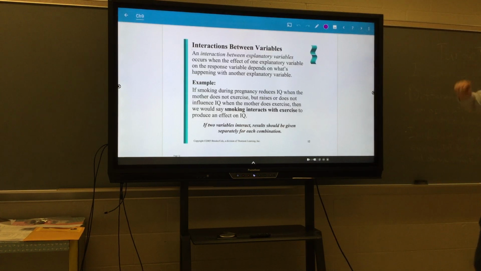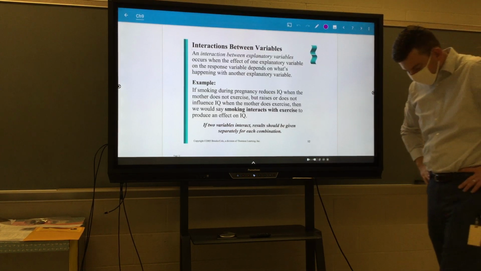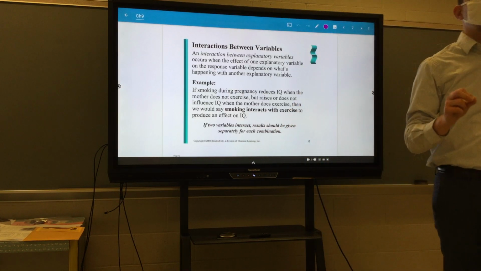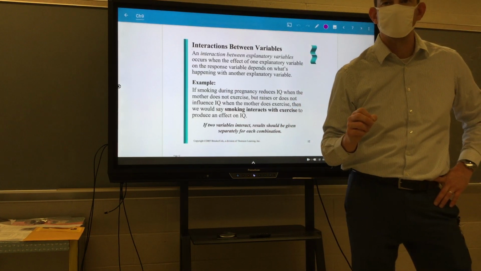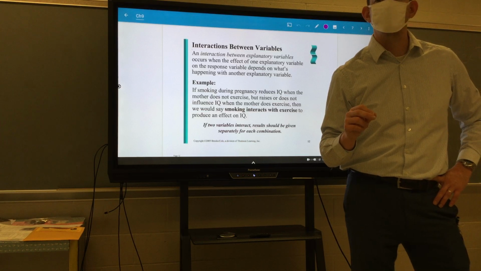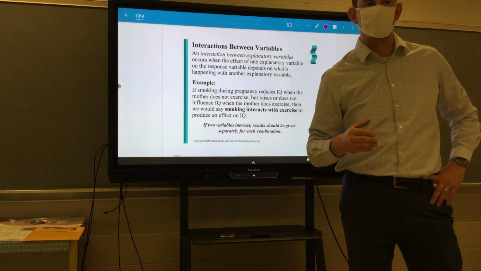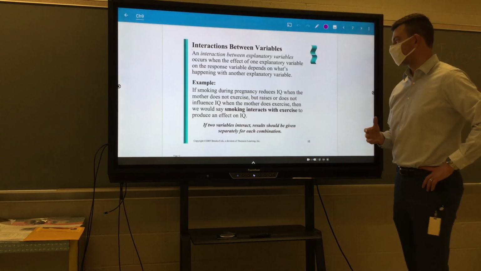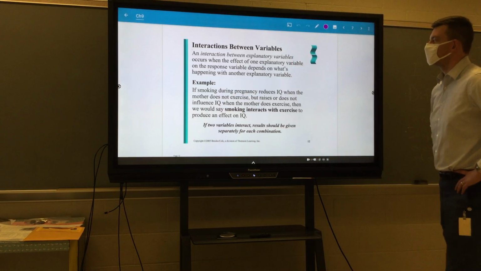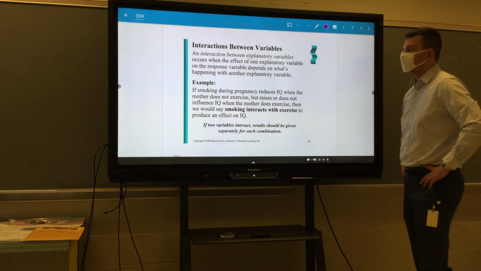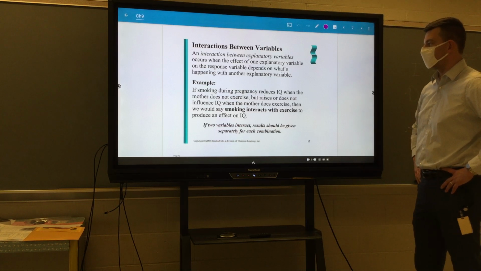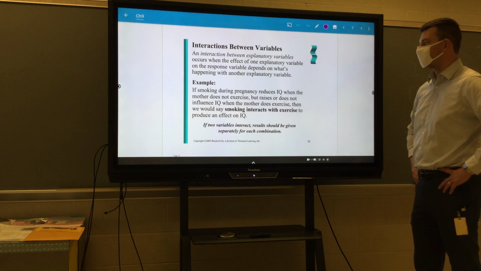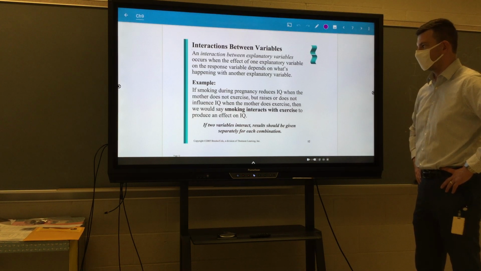Now, the best you can do is try to keep track of possible confounding variables. Sometimes specific interactions occur over the course of an observational study. An interaction between explanatory variables occurs when the effect of one explanatory variable on the response variable depends on what's happening with another explanatory variable.